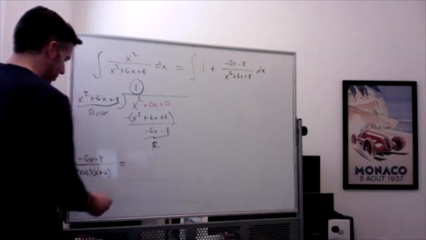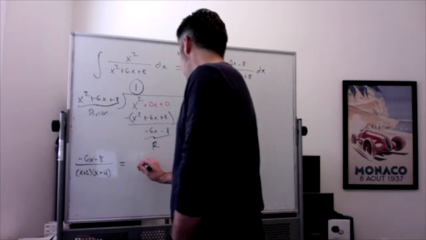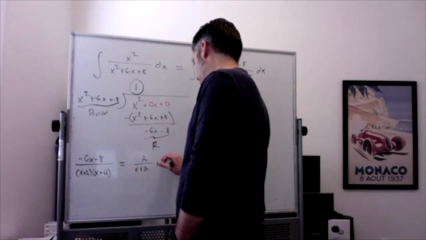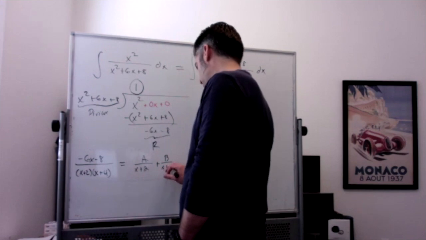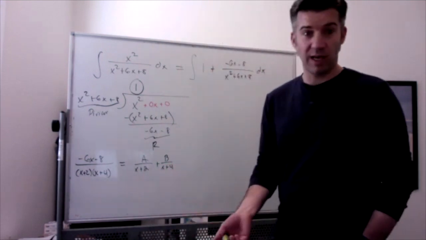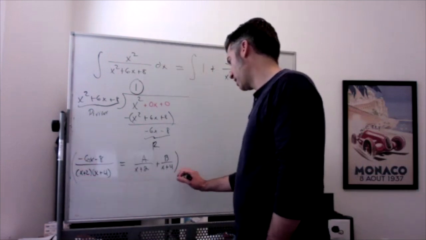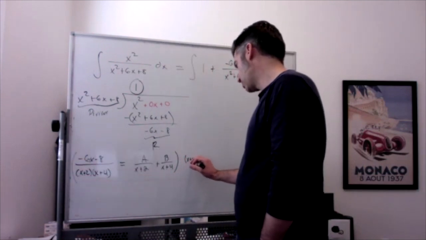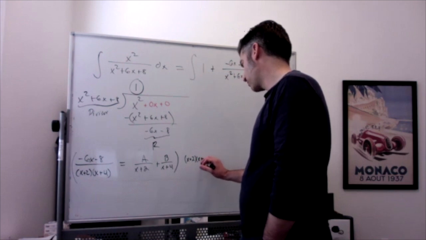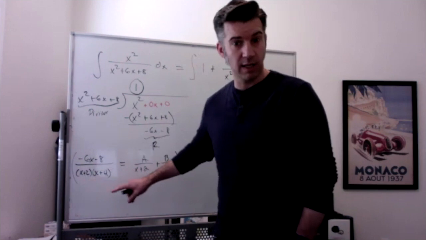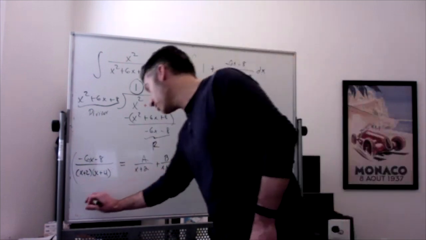And that's going to be equal to a over x plus 2 plus b over x plus 4. Then we multiply both sides by this common denominator, x plus 2 times x plus 4. When you multiply this by that, the denominators cancel, and you get just -6x minus 8.